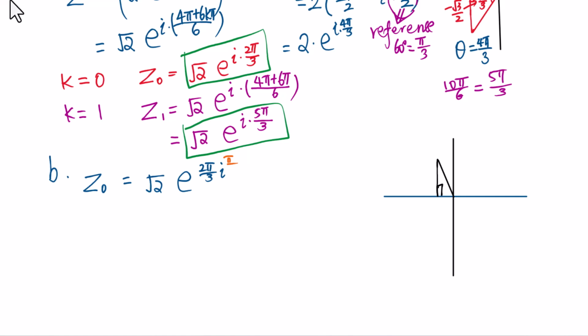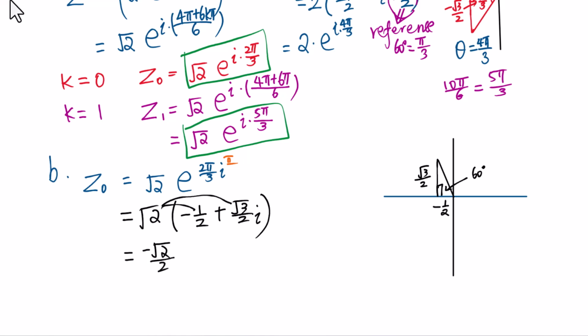Now label. Corresponding side of 60 degrees is square root of 3 over 2. This is negative 1/2. So we get square root of 2 times (x plus yi), which is negative 1/2 plus square root of 3 over 2 i. Negative square root of 2 over 2 plus square root of 6 over 2 i.